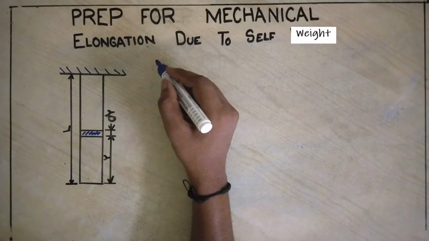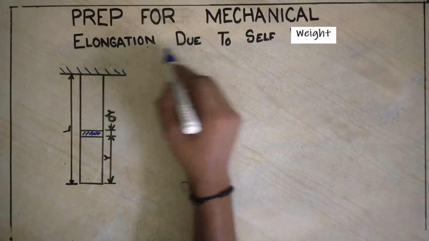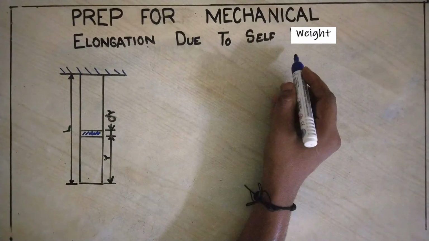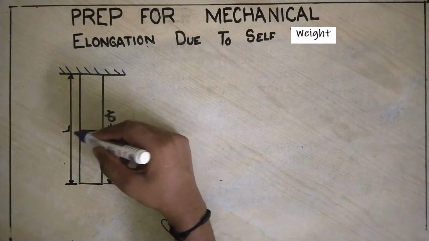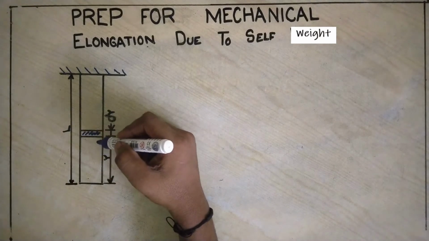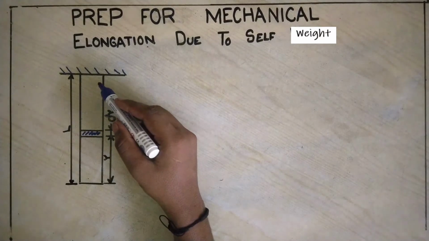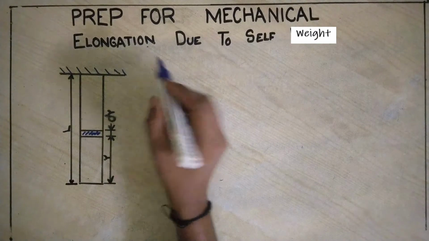Today we will learn to derive an equation to calculate elongation due to self-weight. For this, we have considered a body of length L with cross-sectional area A being hanged vertically with one end fixed.